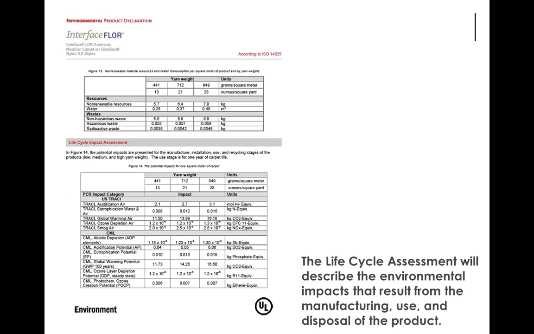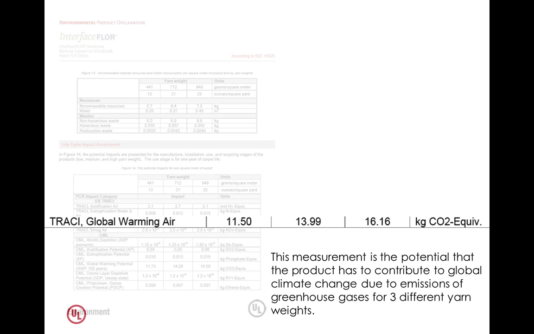So for example, if an architect cares about global warming potential, they can actually see, okay, I understand that the global warming potential of this exact yarn weight is 11.55 kilograms of CO2 equivalent. And again, this gives them enough information so that they can look at products and understand their total environmental impact based upon life cycle assessment. Example of pulling out the actual global warming potential equivalent.